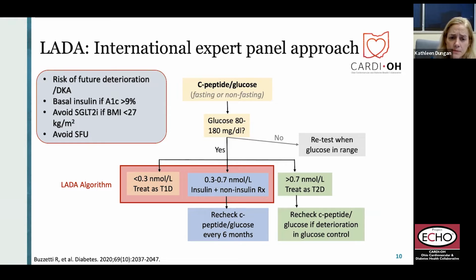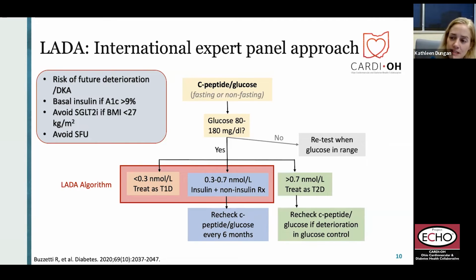In particular, there are a few other caveats for people who have this slowly progressive autoimmune diabetes. There's some evidence that sulfonylureas fail more quickly and may possibly accelerate the loss of beta cell function, so it's suggested to avoid those.